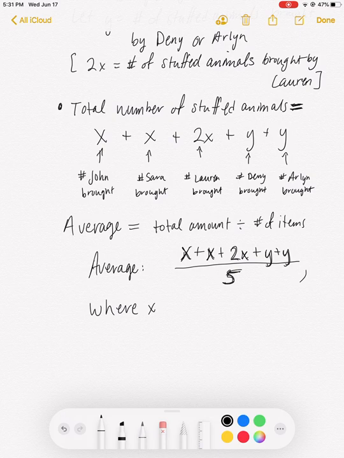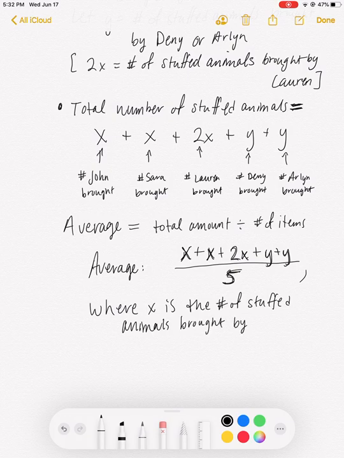Where x is the number of stuffed animals brought by John, and by consequence Sarah as well.